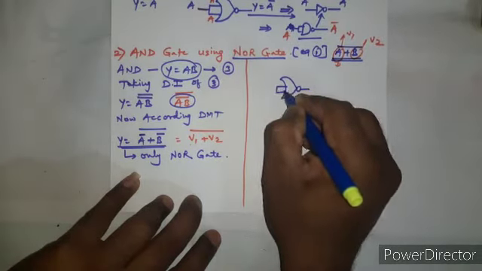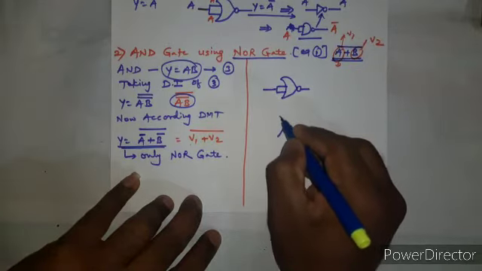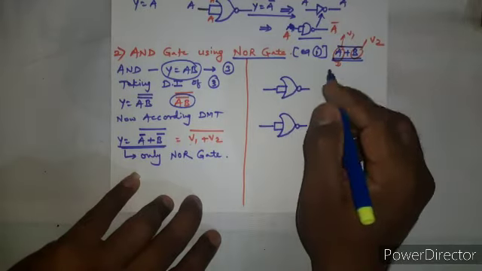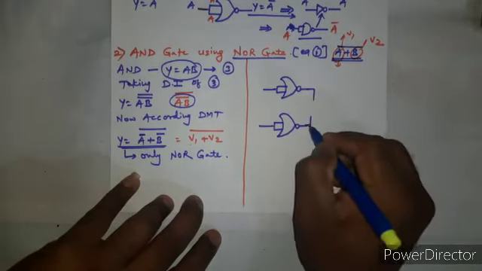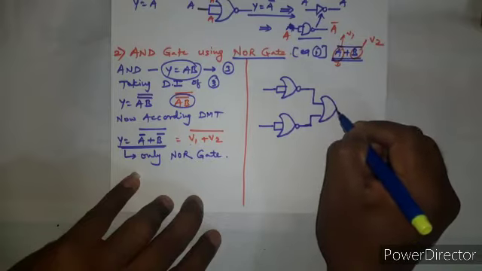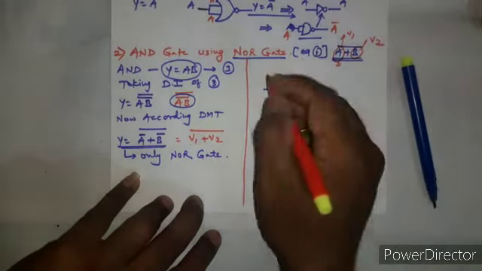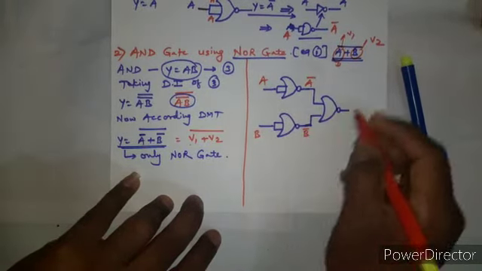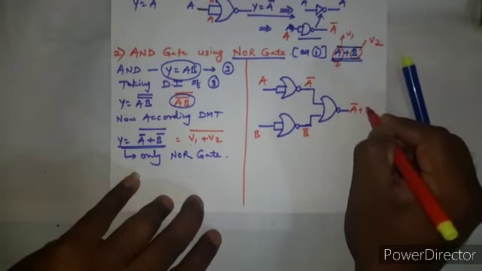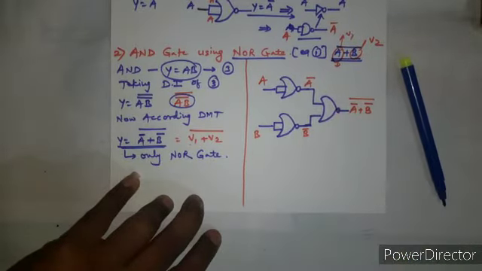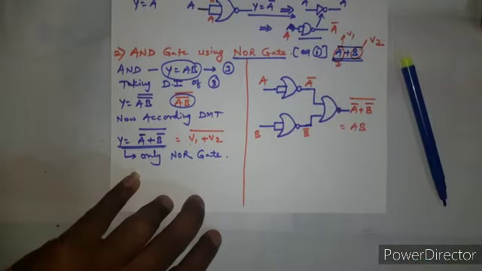So this is A, this is B, here it is A bar, here it is B bar, and here it is A bar plus B bar, plus because this is OR, and whole bar because this is NOR, which is equal to AB.